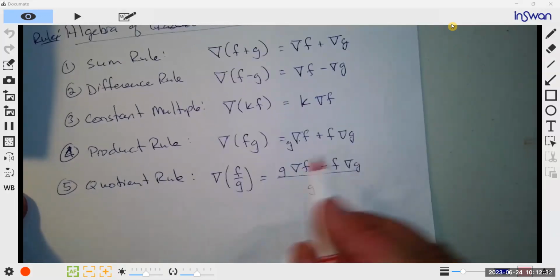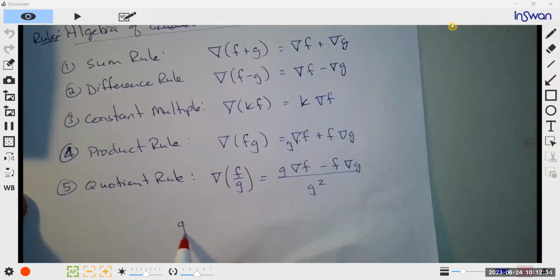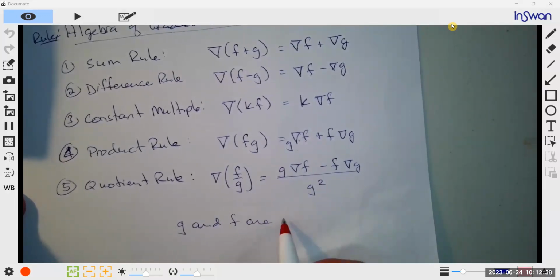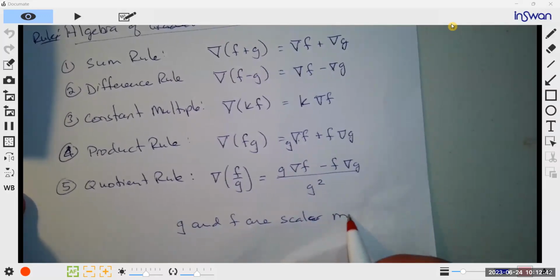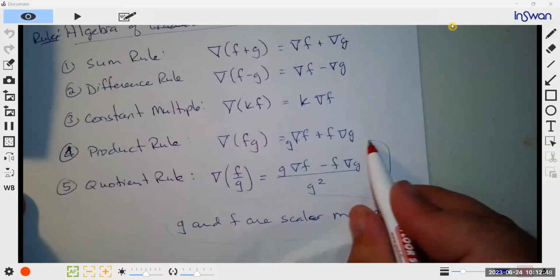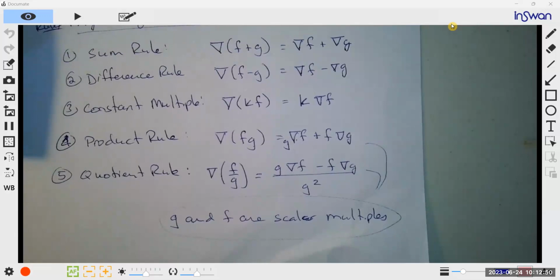G and f are scalar multiples for these two. So those are the rules that we're to live by.